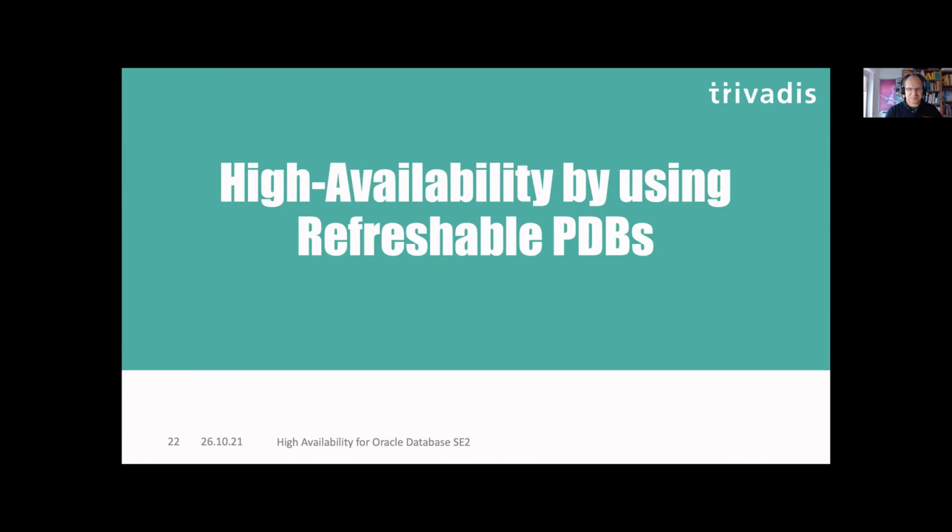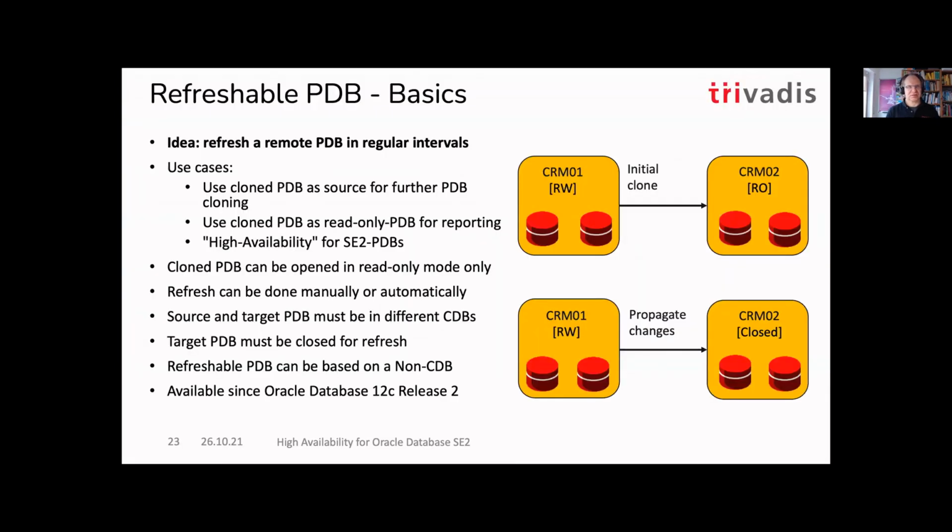So what's the general feature, refreshable PDB? The idea is I've got one master database, one master PDB, think about a large production database, and you need some copies of this database. And you don't want to copy the whole database every time you need the current data. So the idea is to create an initial clone of this database.